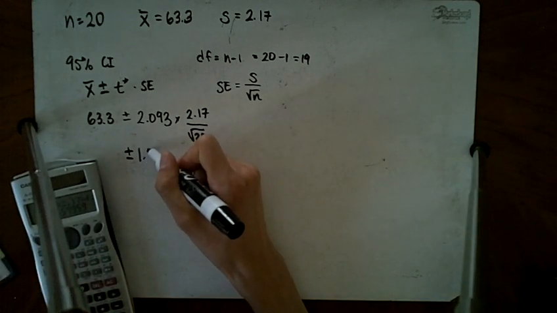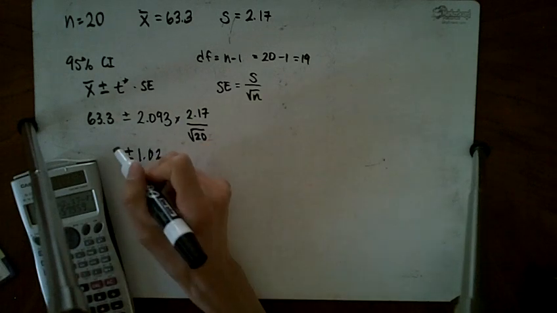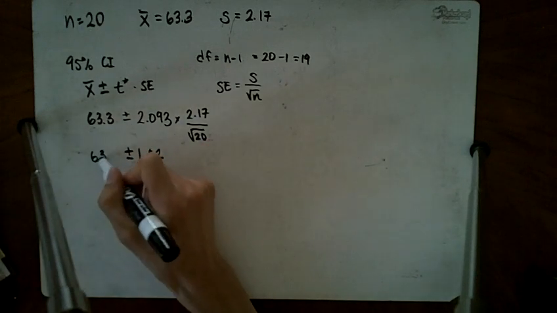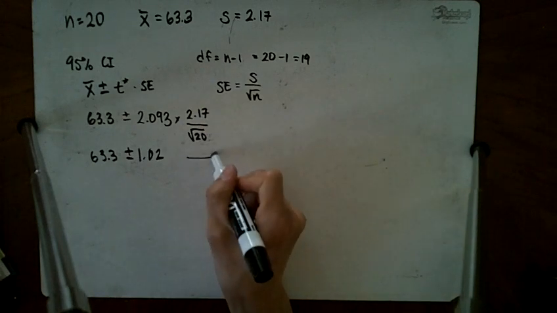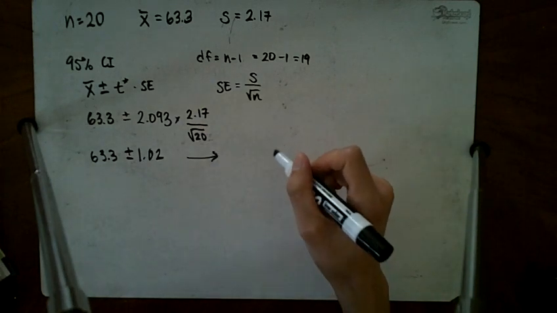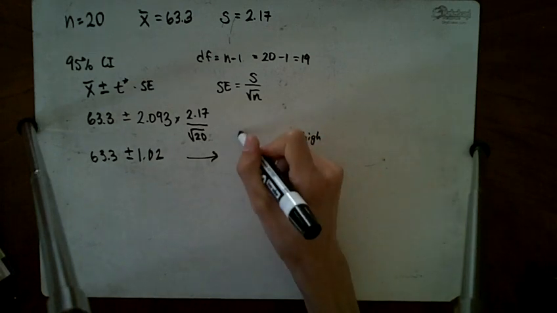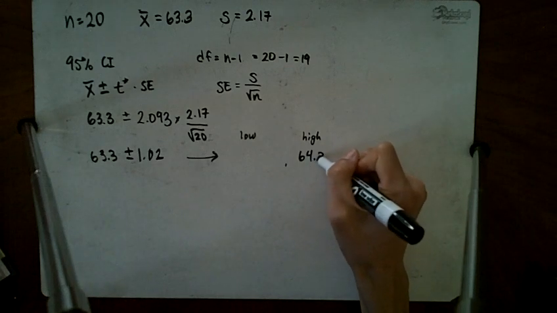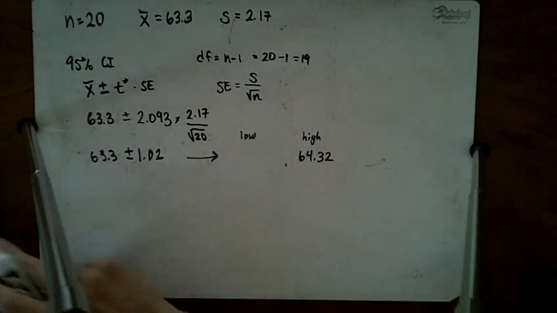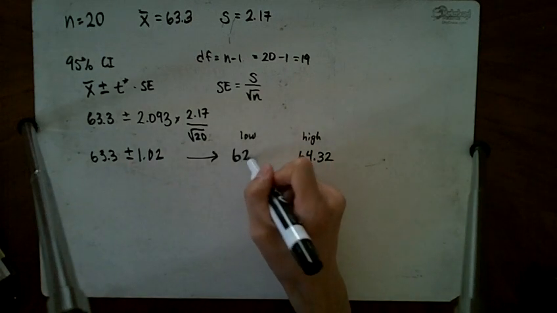And this part comes out to be 1.02. So I have 63.3 plus or minus 1.02. So 63.3 plus 1.02 gives me the high end and the low end on my confidence interval. So I would have 64.32, and 63.3 minus 1.02 gives me 62.28.